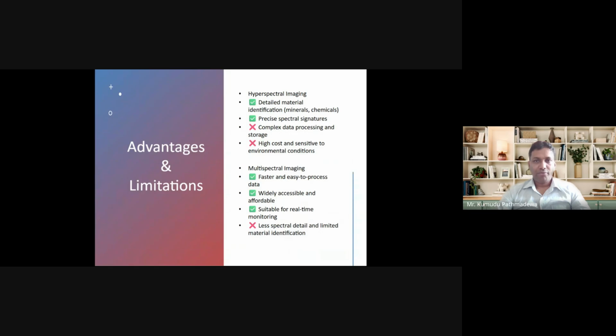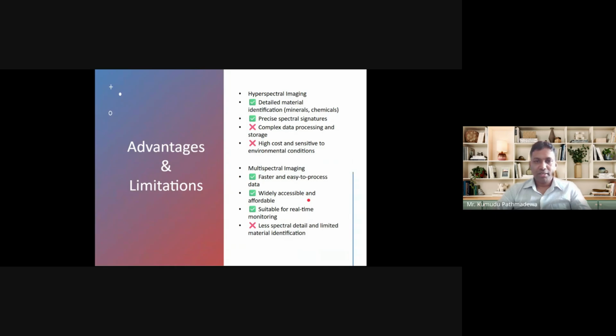So there are advantages and limitations also. Hyperspectral imaging offers precise material identification and detailed spectral signatures. However, it is expensive, sensitive to atmospheric conditions, and requires expert processing.